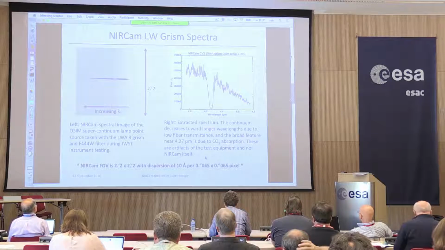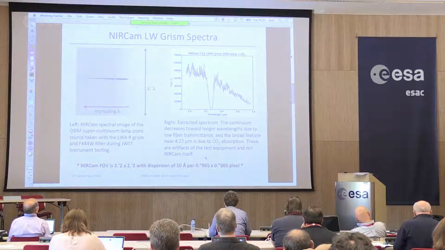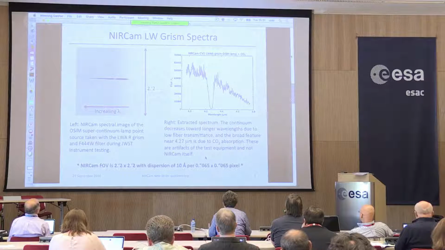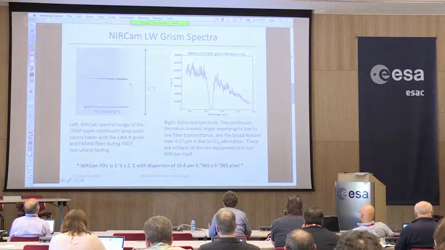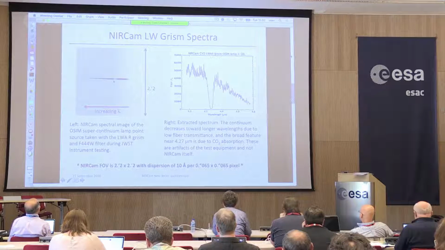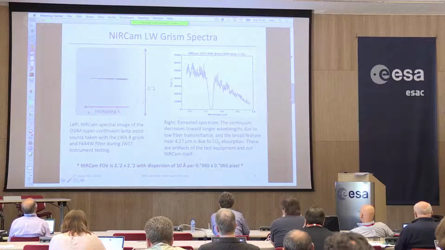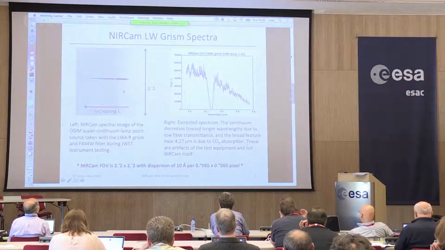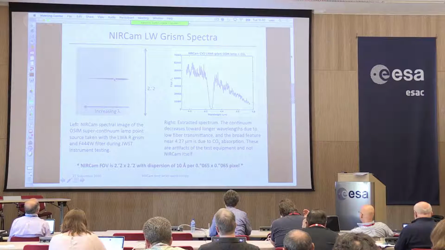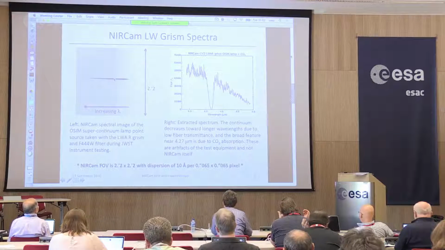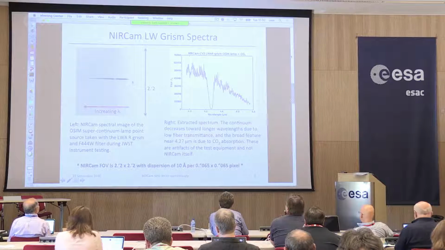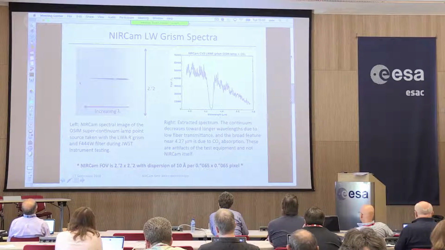This is an example spectrum taken with NIRCam during the instrument testing at NASA Goddard. I think this was in CV2. Here is a NIRCam field. It's 2.2 by 2.2 arcminutes. This is a spectrum of a point source that was in the ground support equipment called the OSIM. It's dispersed so that longer wavelengths go this way.